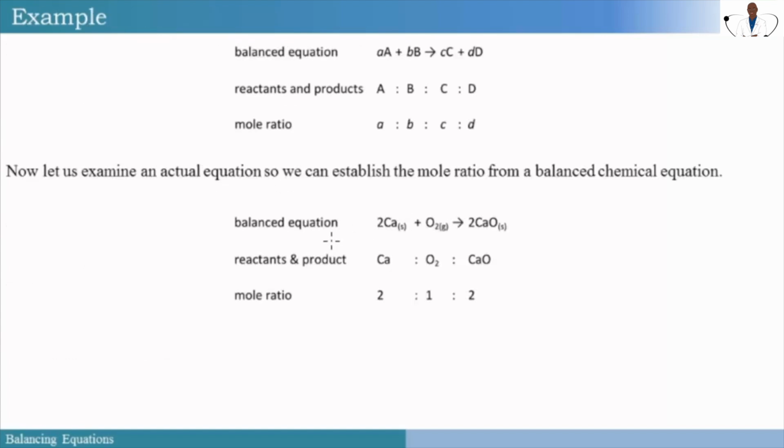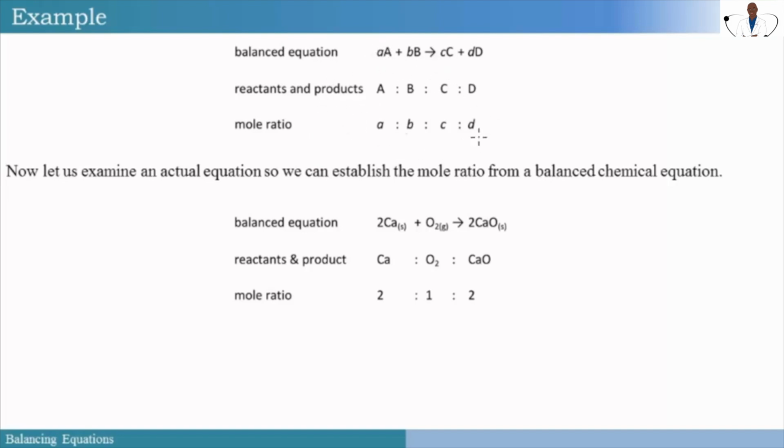So finally, for a quick recap, here we have a balanced equation. The reactants are your A and B in capital letters to produce C and D, which are your products. And of course, the mole ratio or stoichiometric ratio is represented by the small letters in front of your capital letters.